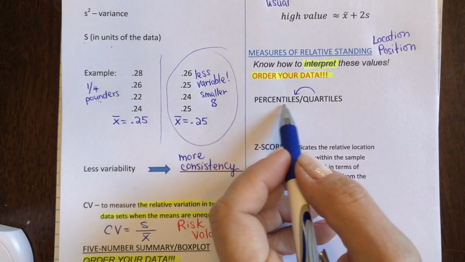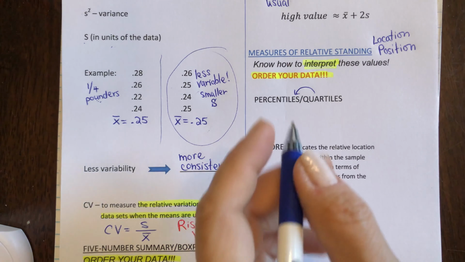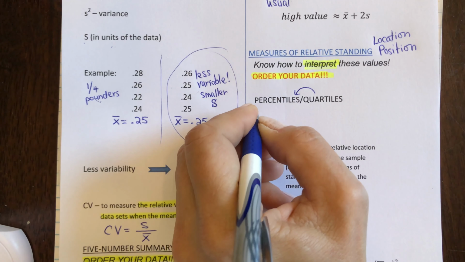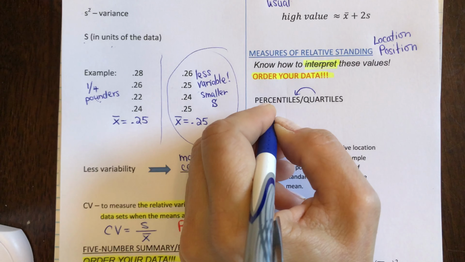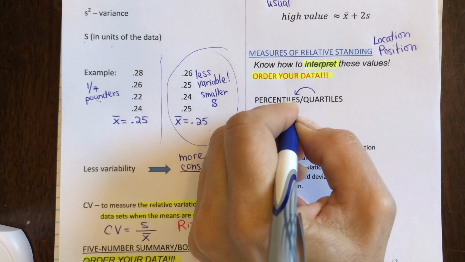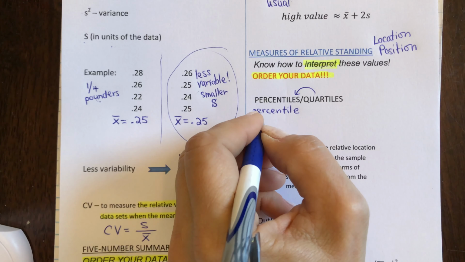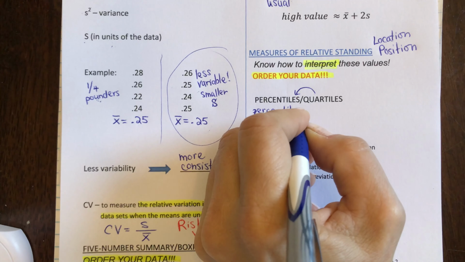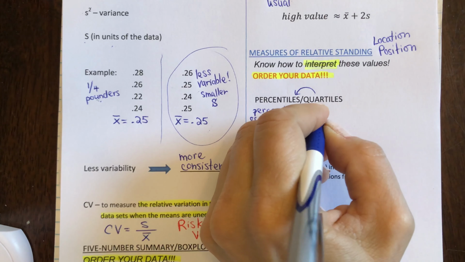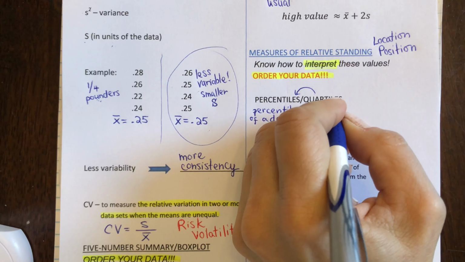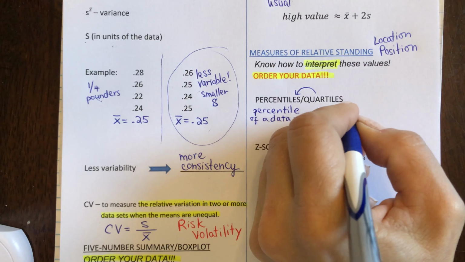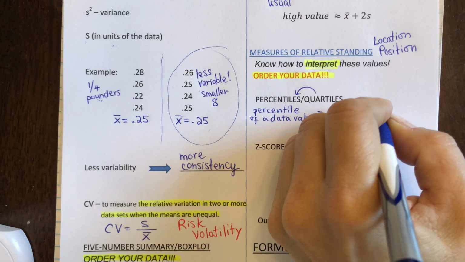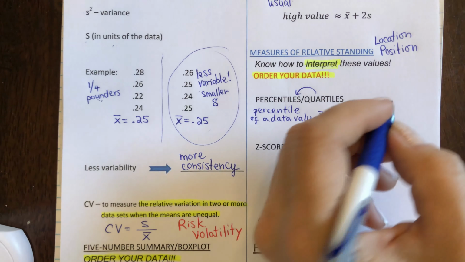Now, to find particular percentiles, so if you want to know what the percentile of a particular data value is, let me write that. This you're going to have to just know how to do. You won't be given the formulas, but for the percentile of a data value, what you do is you count the number of values less than that number in the data set, in the ordered array.